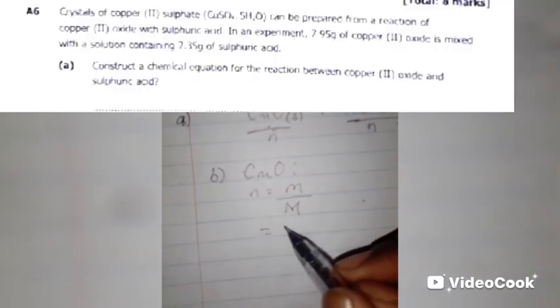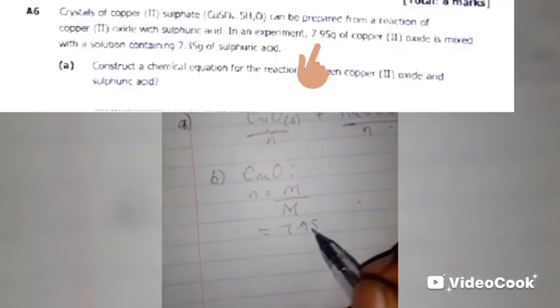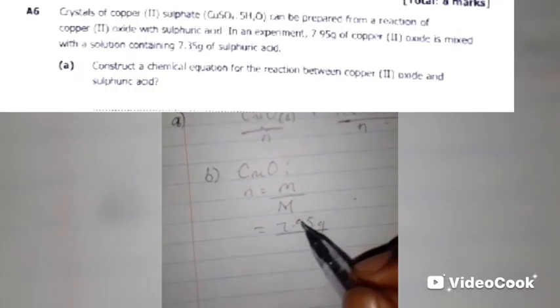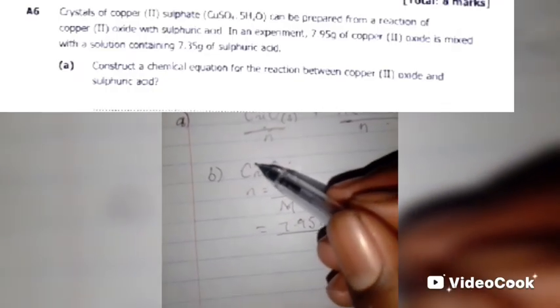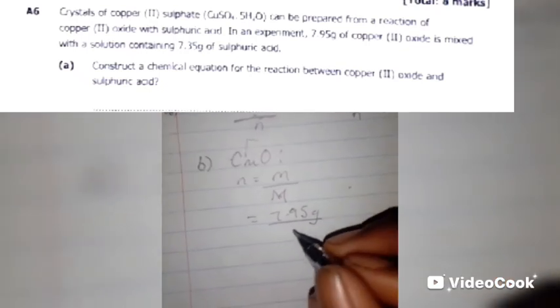So let's get copper oxide. Let's calculate the number of moles in it. We know that the number of moles is equal to the physical mass over the molar mass. Now the physical mass was given in the question, and that was 7.95 grams, over the molar mass. You need to use a periodic table to find that. So what's the mass of copper? That's 64.